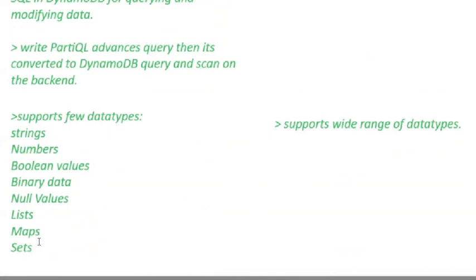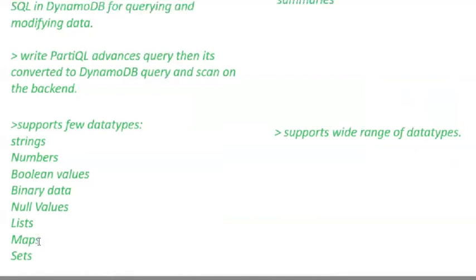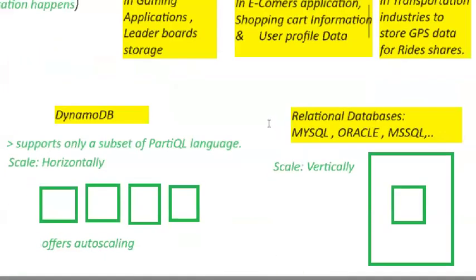If you want to store a date, DynamoDB does not have a date data type, so you need to store the date in string or number format only. This is the comparison between relational databases and DynamoDB.